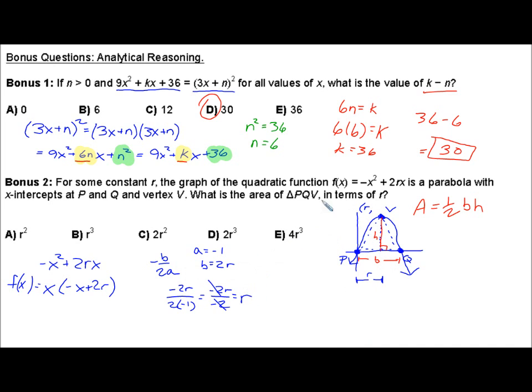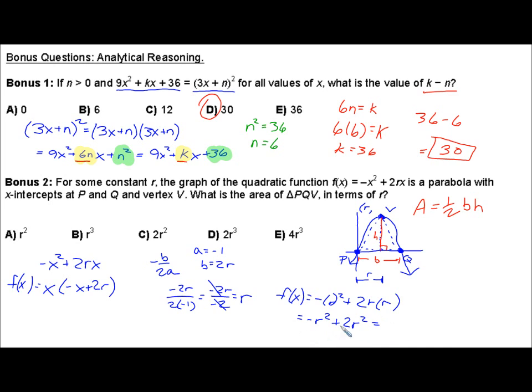And now let's find the y-coordinate. Well, to find the y-coordinate, just plug r into the original function. So f of x equals negative r squared plus 2r times r. Simplify. This is a negative r squared, and this is a plus 2r squared.